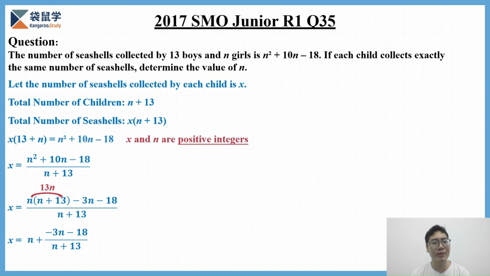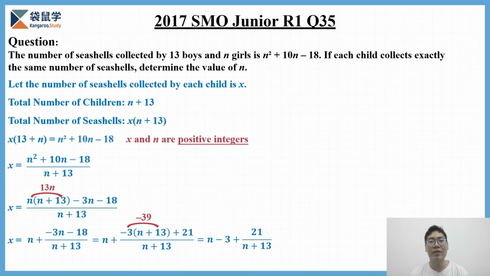This will give us something like n plus negative 3 times n plus 13 over n plus 13. By multiplying negative 3 into the bracket, we will get negative 3n minus 39. So how can we get from negative 39 to negative 18? We can plus 21 to the numerator.